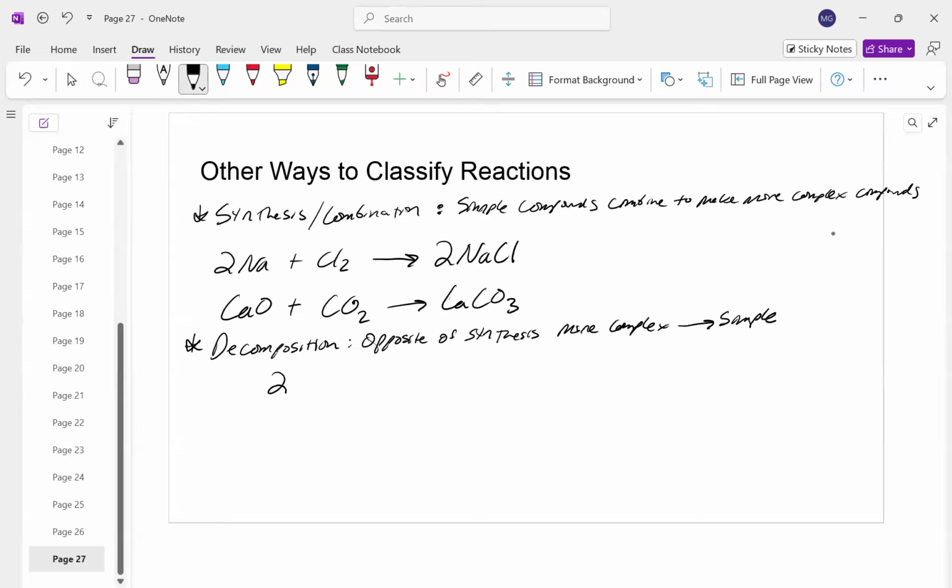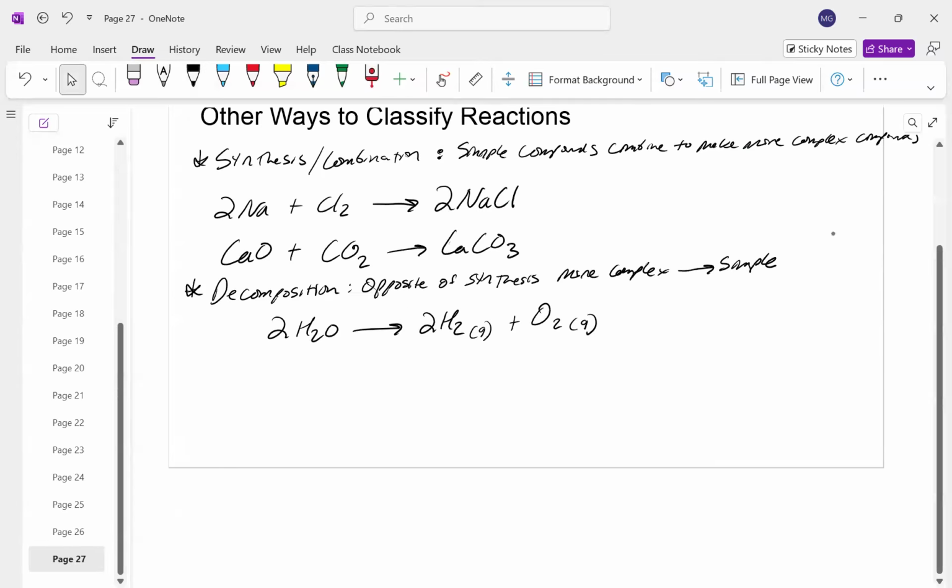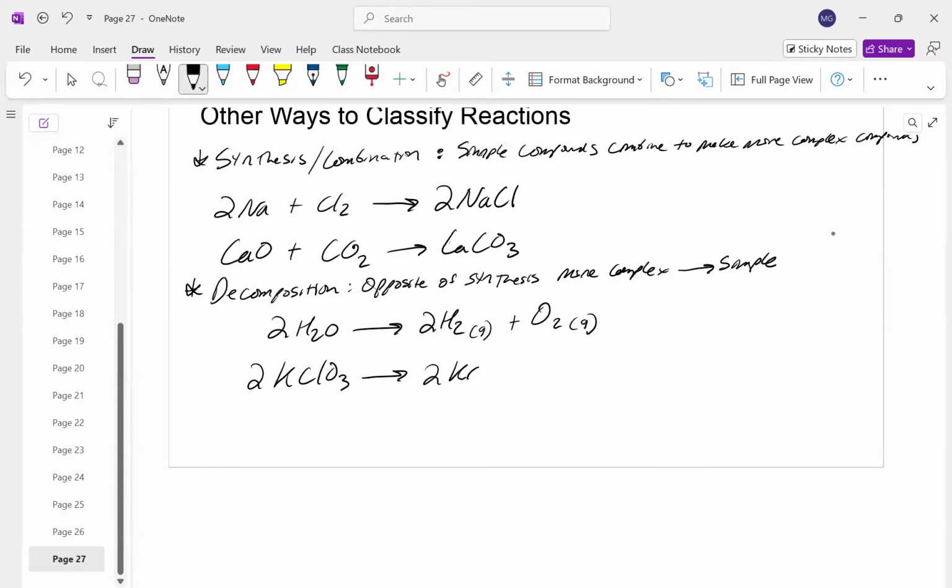So for example, we could take water and break it down into its elements, hydrogen gas and oxygen gas. Well, we can take the compound potassium chlorate and break it down into more simple compounds like potassium chloride and elemental oxygen.